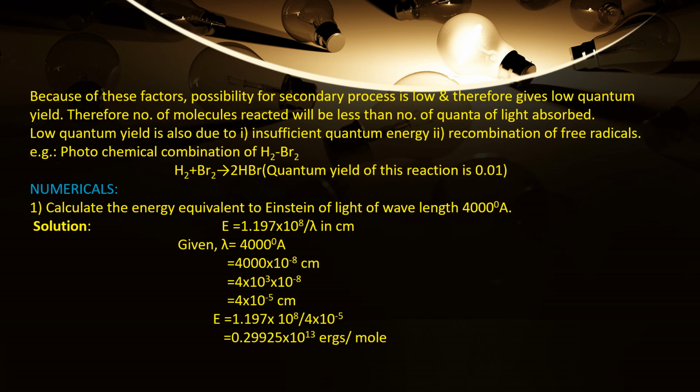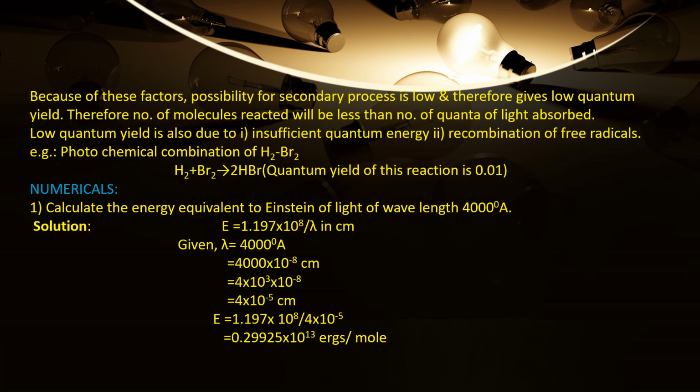See, look here, if the free radicals produced in the primary process are deactivated or destroyed, how will a secondary process take place? Chances for secondary process will be very low. Because of this, the number of molecules will be reduced compared to the quanta of light. Taking the expression of phi, phi is equal to number of molecules reacting by number of quanta of light absorbed.